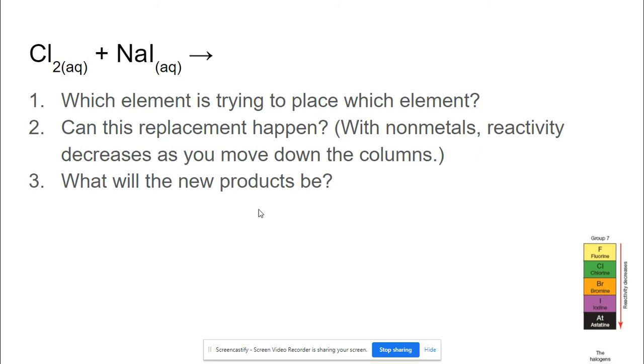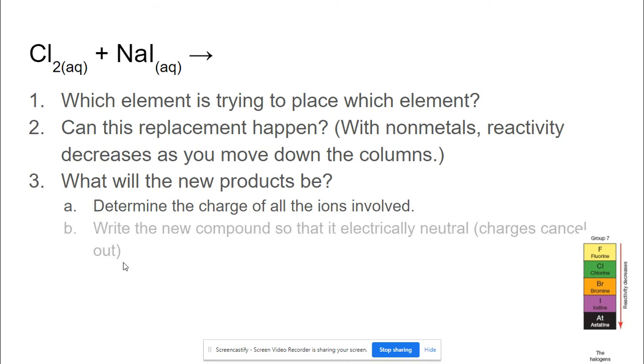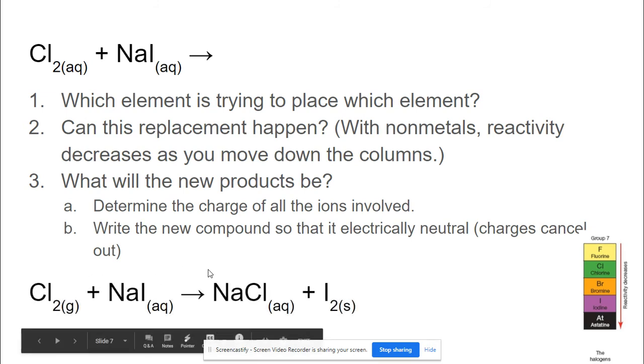So then we have to ask ourselves, what will the new product be? In order to do that, we have to consider the charges. Okay, so determine the charges of all of the elements. Chlorine forms a -1, sodium is a +1, and iodine is a -1. So then when we put them together to make a compound that is electrically neutral, it will look like this.